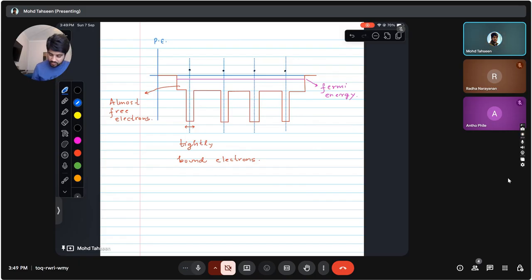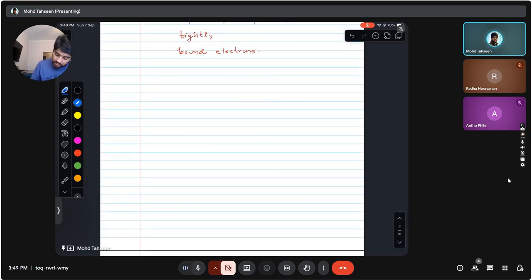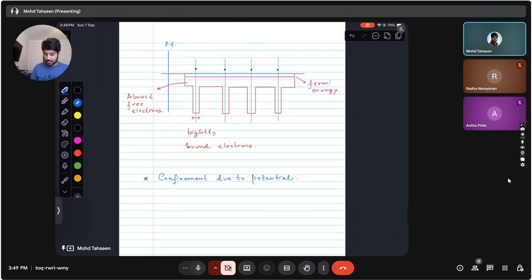Now, what is the takeaway from this discussion? The takeaway is confinement due to potential. Whenever electrons are placed in potential wells, they get confined, right?